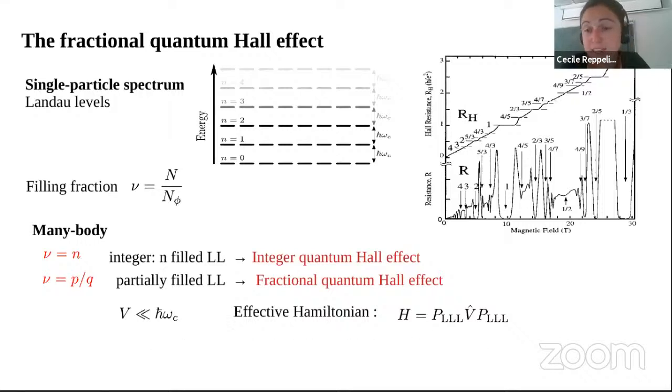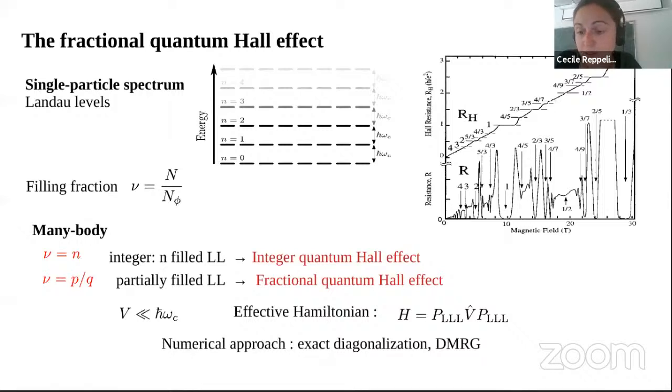To gain insight into this many-body problem, where you can't really do any perturbative approach because it's strongly correlated, there are a number of approaches, and I want to talk about two of them that are very powerful. One of them is numerical, using exact diagonalization and DMRG.